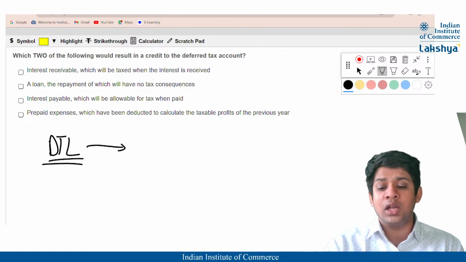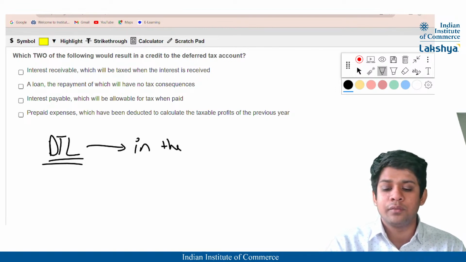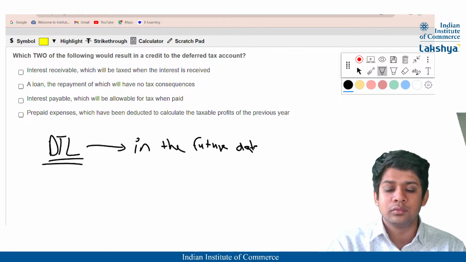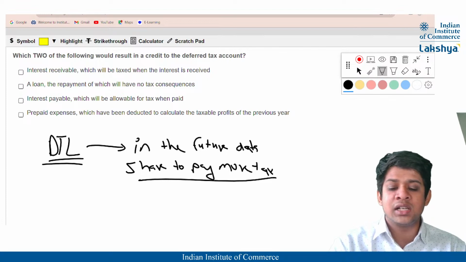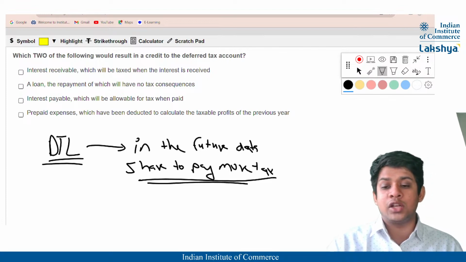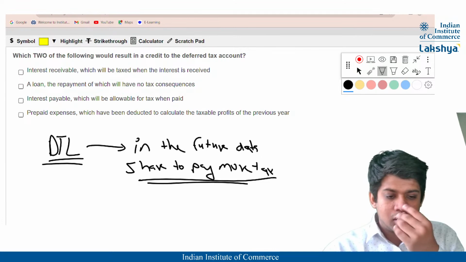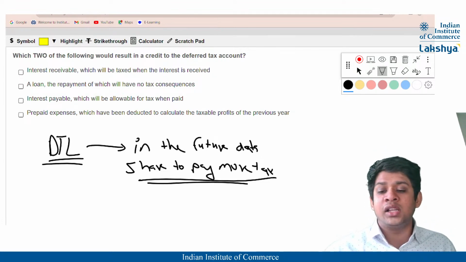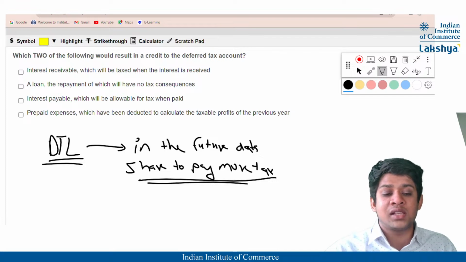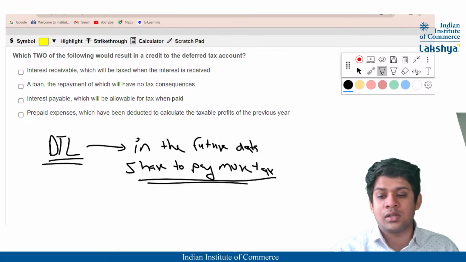When at a future date I have to pay more tax, right? So obviously there is a temporary difference between the calculation of tax by the tax authorities and the calculation done by us, because the tax authorities work on a cash basis, whereas we work on an accrual basis, right?